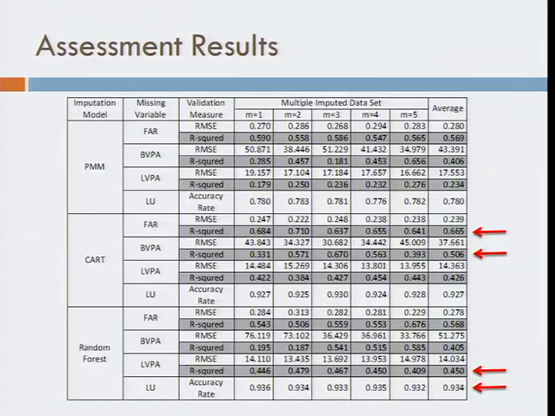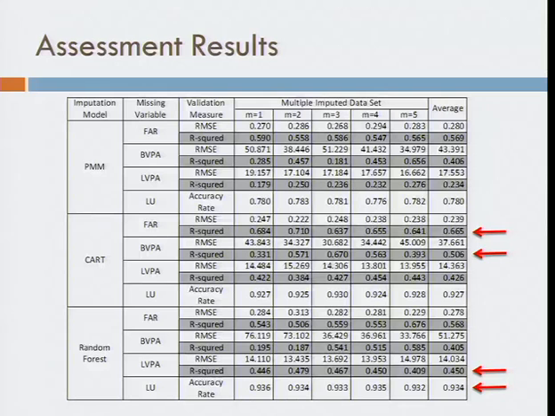Overall, the recursive partitioning technique performs better than PMM-based MICE. Then, between CART and random forest, we found that for FAR and BBPA, CART performs better than random forest. For LBPA and land use type, random forest-based MICE performs better than CART-based MICE.